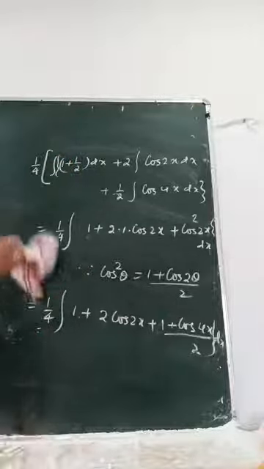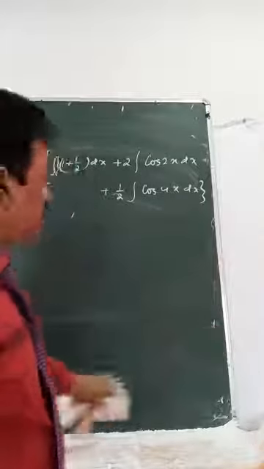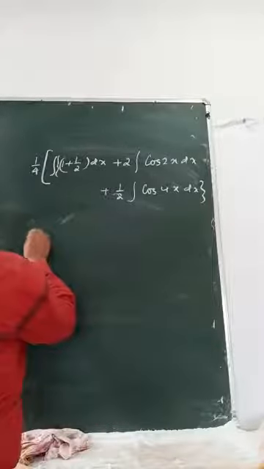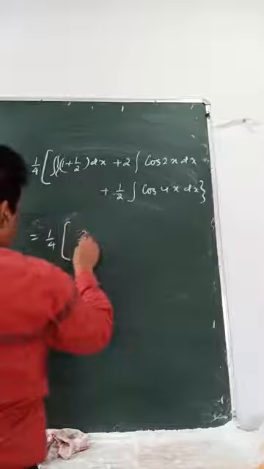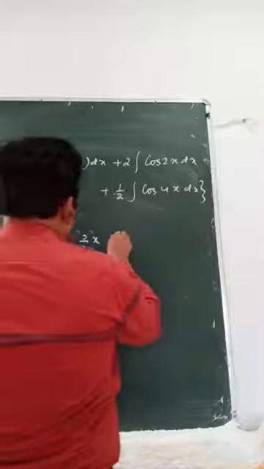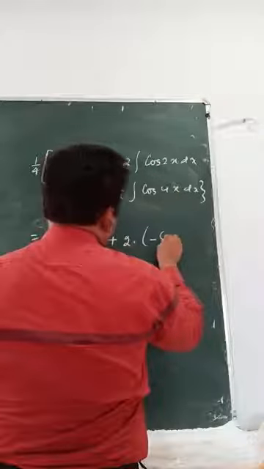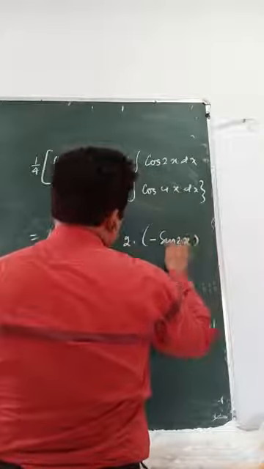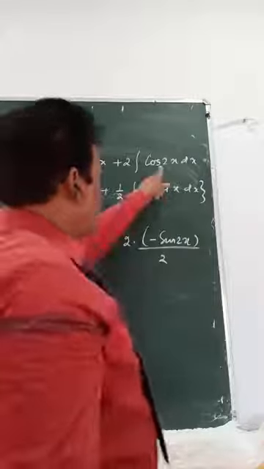Okay, then what will you get? 1 by 4, 3 by 2 x. Cos 2x is minus sin 2x divided by 2. 2x's derivative, every time follow the chain rule.